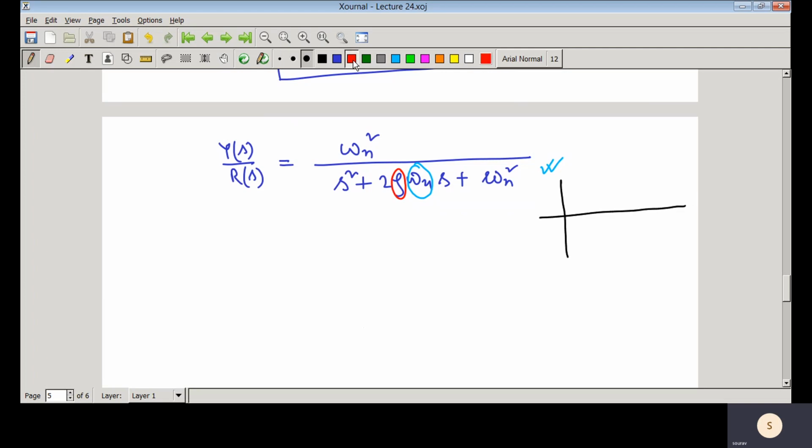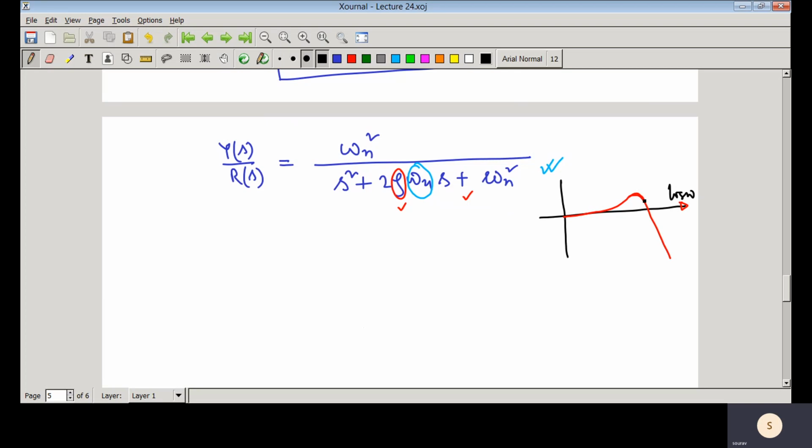In normalized form, it goes like this, in the denominator. There would be a peak, and this peak depends on the zeta value. We have already seen that one. That is on a logarithmic scale, in normalized form, the log omega axis.